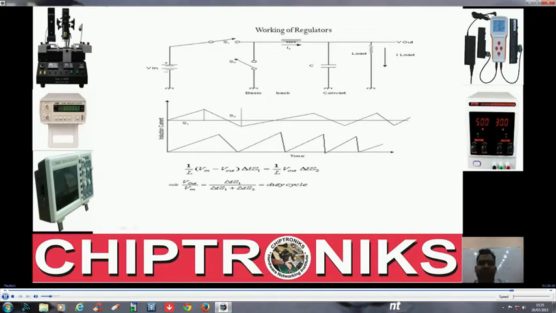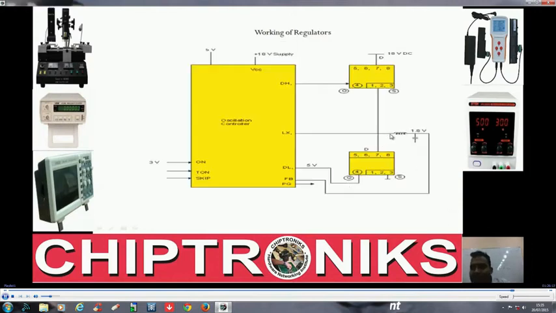In that case, this S1 time would be more. So you'll get a higher logic at the 3.3 volt regulator IC as compared to the CPU core regulator IC. And this is a block diagram of a regulator.